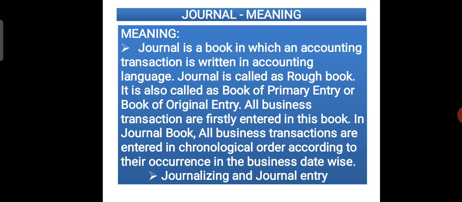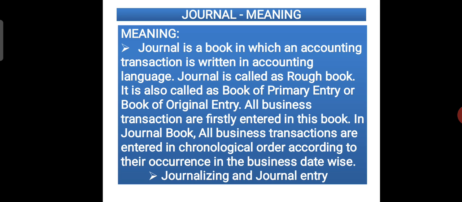The other name of the journal is rough book, and we also call it book of original entry, or book of primary entry. There are three other names to the journal. Yes, one is rough book, another is book of primary entry, and third one is book of original entry.